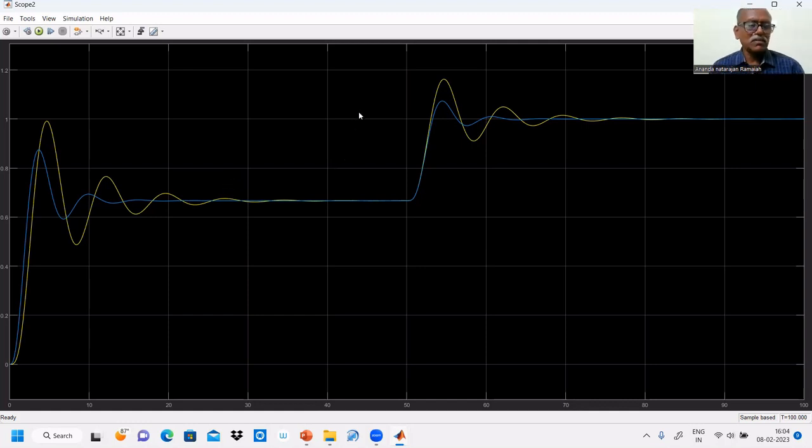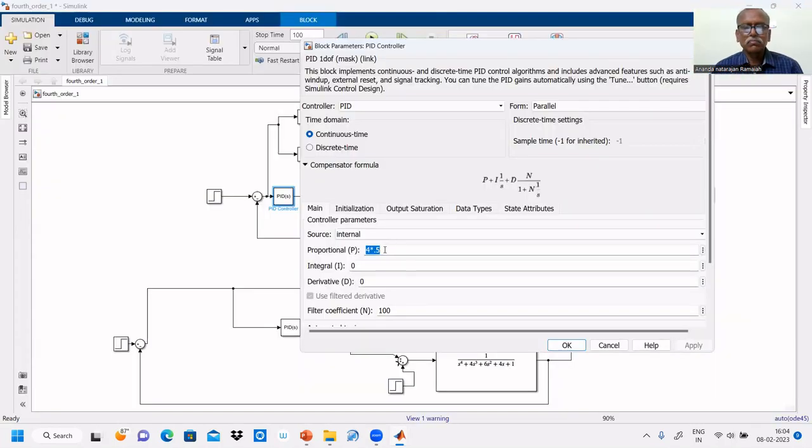Now let us check for PI and PID. For PID, the proportional gain is 4 multiplied by 0.6. Integral time is 4 multiplied by 0.6 multiplied by Tu divided by 2.